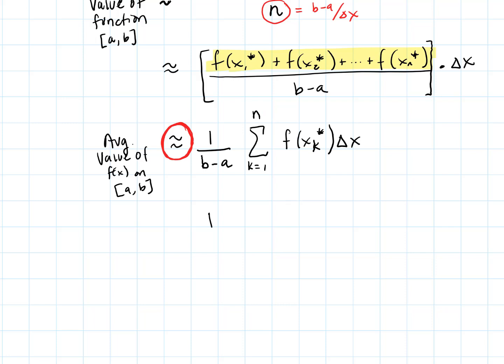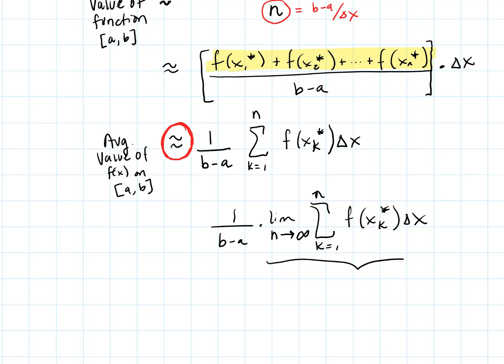So notice that we can say the limit as n goes to infinity of 1 over b minus a times the sum from k equals 1 to n of f of x sub k star times delta x. And this, by the way, is just a constant, the length of the interval, 1 divided by the length of the interval, so let's move that all the way outside of the limit.